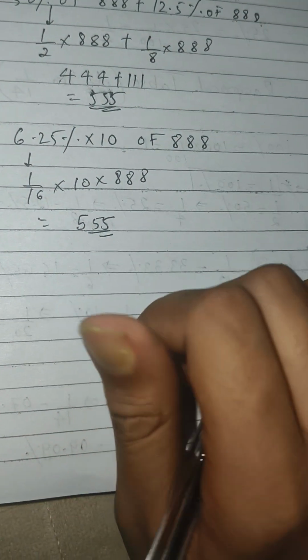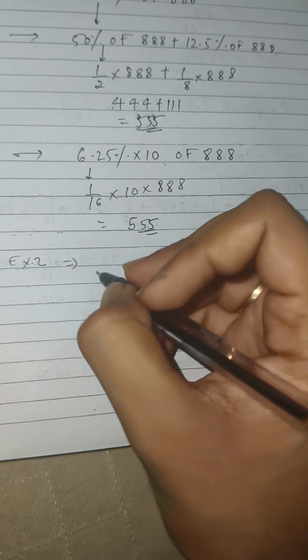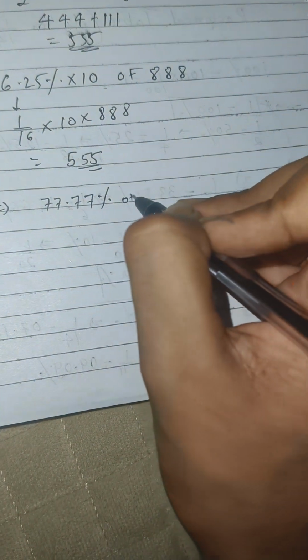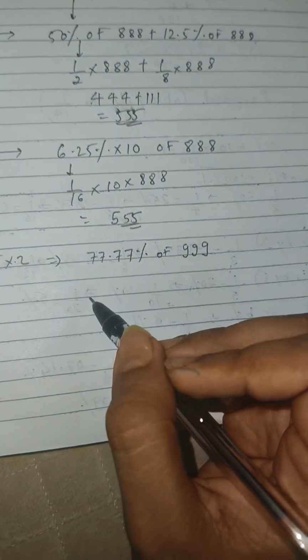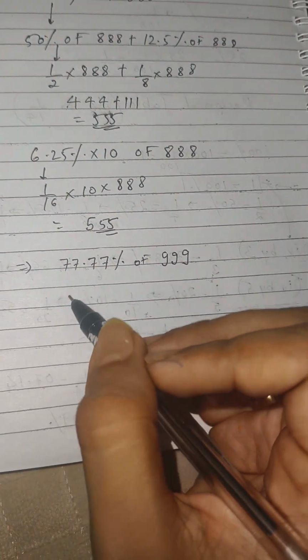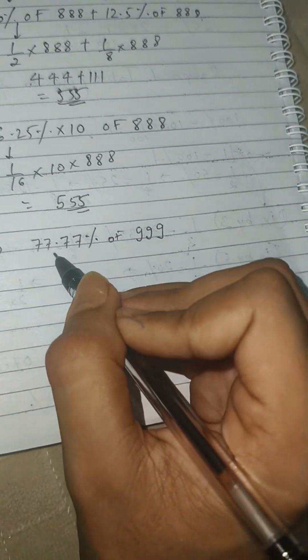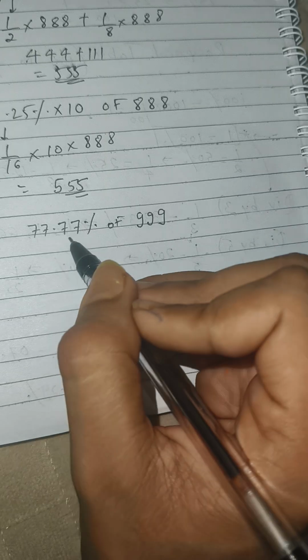Okay, let's look at the second question for better understanding. The second question says 77.77% of, let us say, 999. Again, referring to the reciprocal table, 77.77% cannot be directly seen, but you need to understand here all the digits are the same.